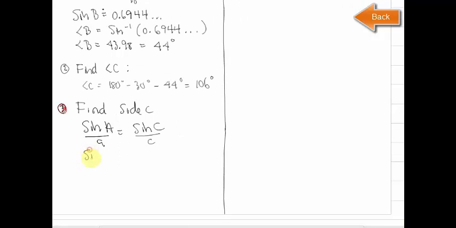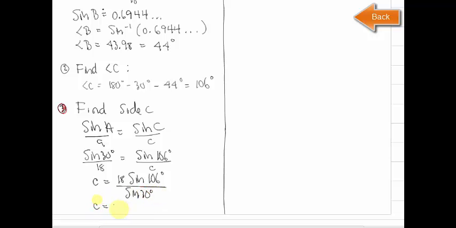And so I'm going to go for sine of 30 degrees over 18 equals sine of 106 degrees over C. So C is equal to 18 times sine of 106 degrees over sine of 30 degrees.